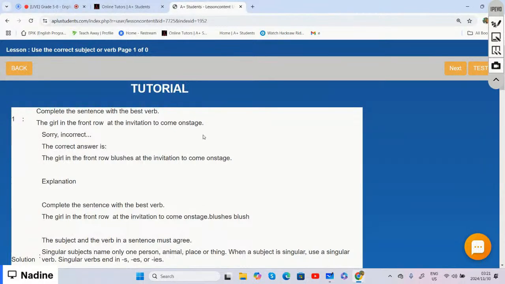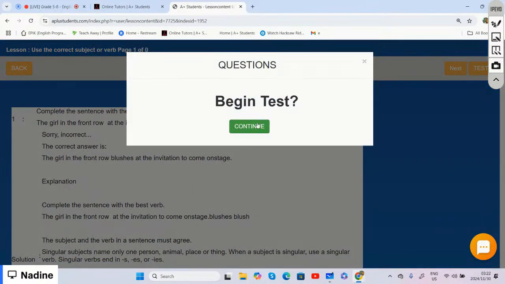Remember, we said that our subject needs to agree with our verb, and if we have a plural subject, all right, so now we're going to our test where we're basically going to use the correct subject or verb.